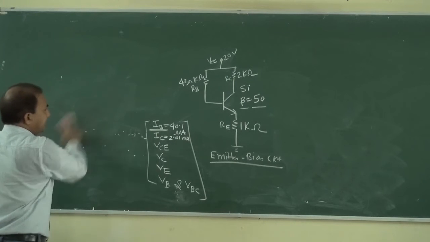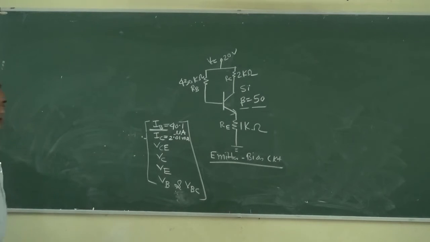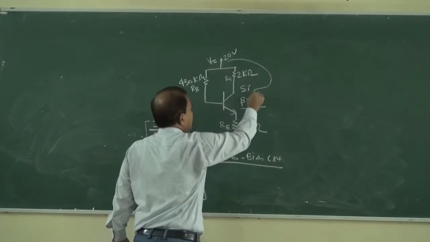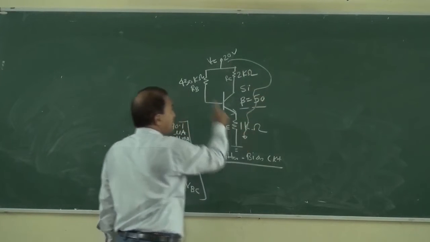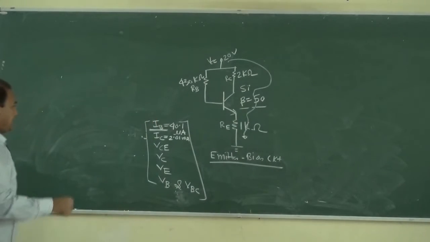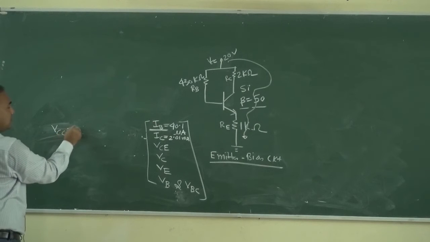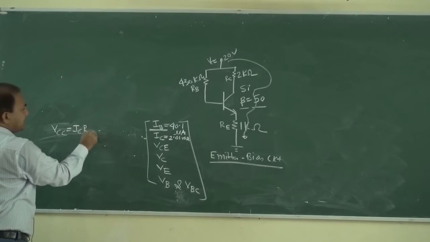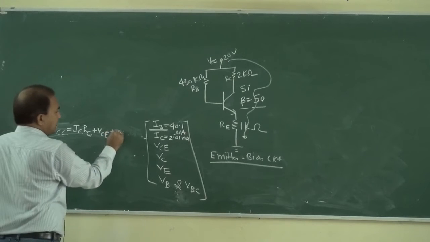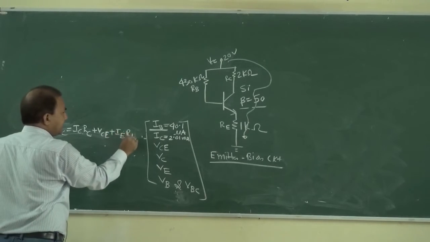Okay. Now we have to determine VCE. How can we determine VCE? VCE can be determined by applying Kirchhoff's voltage law in this path. VCC is equal to IC RC plus VCE plus IE into RE.